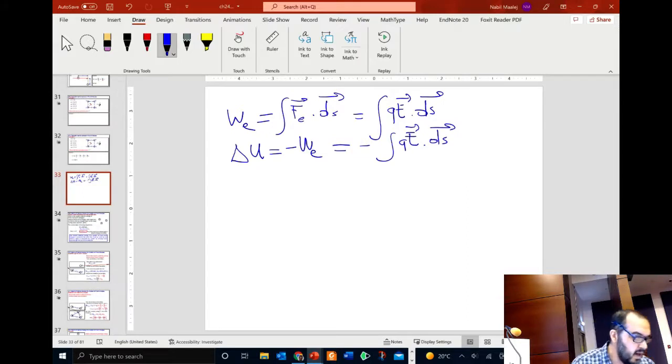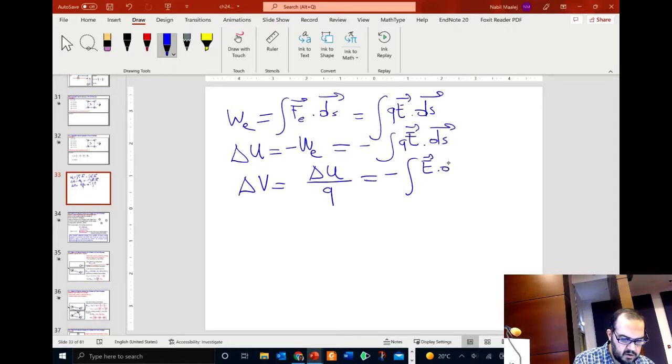We also introduced the potential, which is just the electric potential energy divided by Q. So we also defined delta V as delta U divided by Q, which is equal to minus the integral of E dotted with ds.